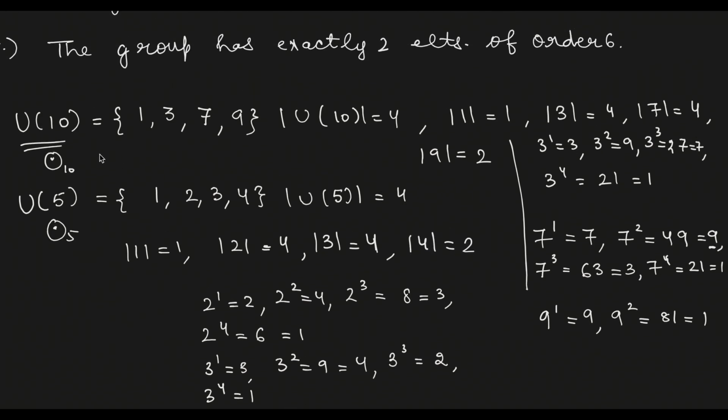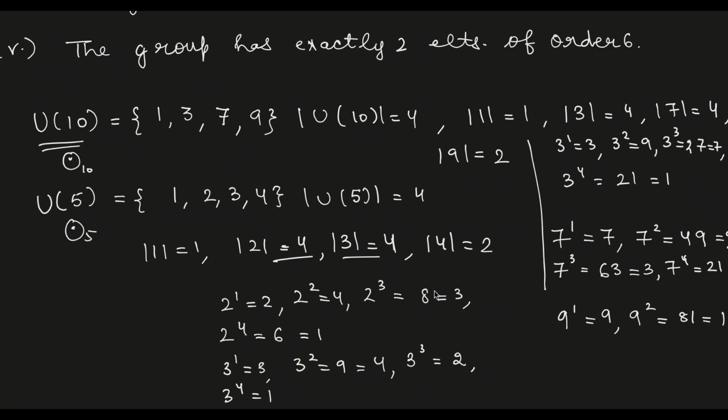So clearly U10 and U5 have 2 elements of order 4 and 1 element of order 2, and also it is cyclic, because U10 has 2 generators, 3 and 7, which have the same order as the order of the group.